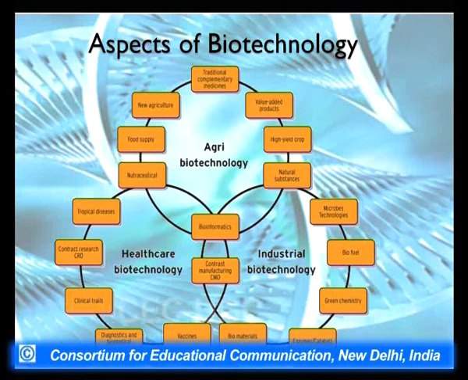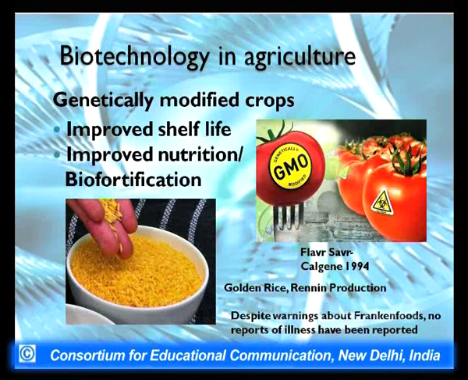In the healthcare sector, we consider the production of diagnostic kits, new vaccines, clinical trials. In industrial biotechnology, we talk about biofuels, green chemistry, biomaterials, so many aspects of biotechnology that are underway right now.